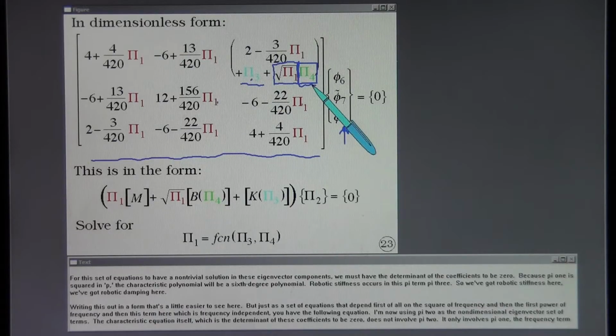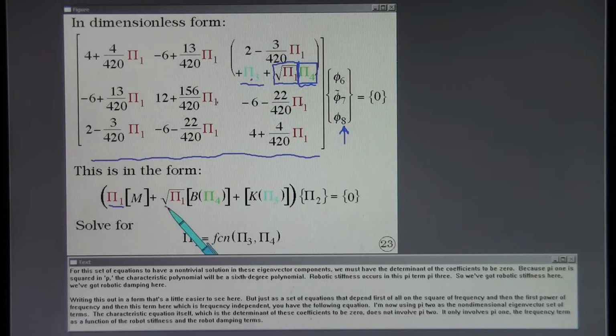Writing this out in a form that's a little easier to see, as a set of equations that depend first of all on the square of frequency, then the first power of frequency, and then this term here, which is frequency independent, you have the following equation.